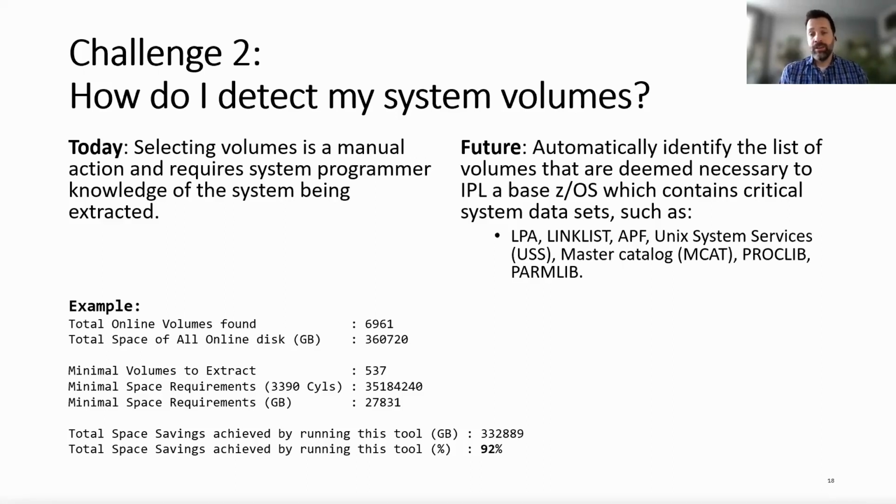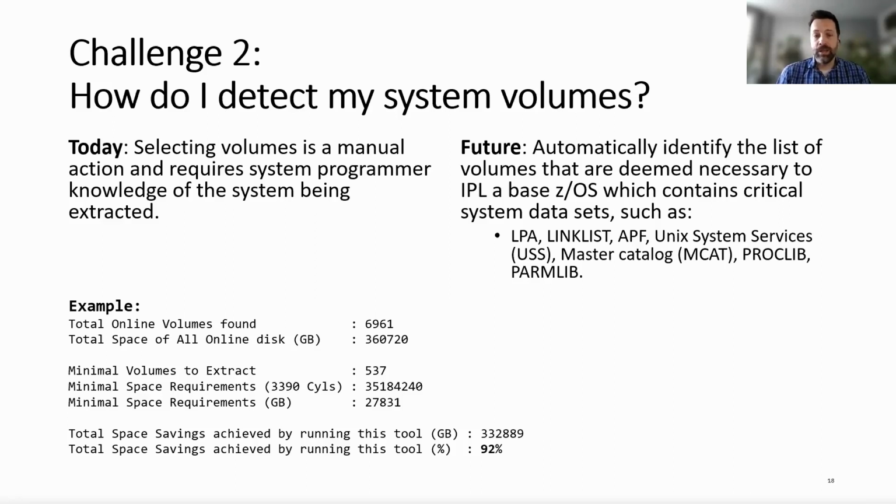What we're working on, and hopefully that's something that's available relatively soon, is a way to automatically detect those critical volumes that are needed, based off of a set of the required data sets that are needed for being able to bring up zOS. So things like the LPA and linklist, APF authorized data sets, the USS data sets, and so on.